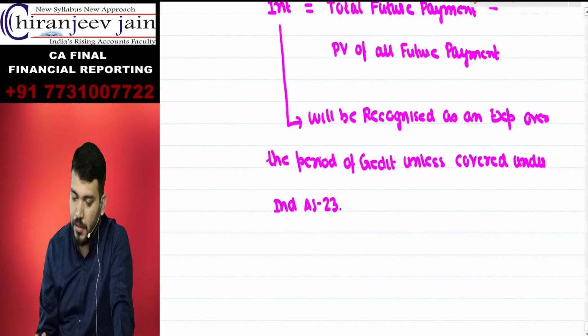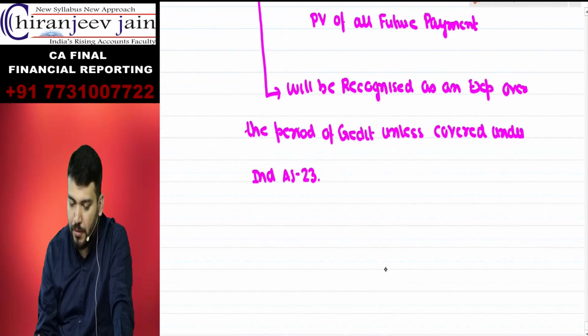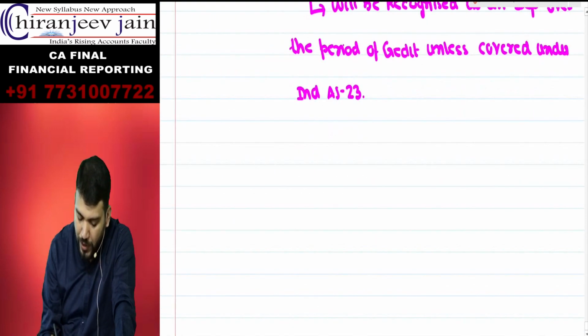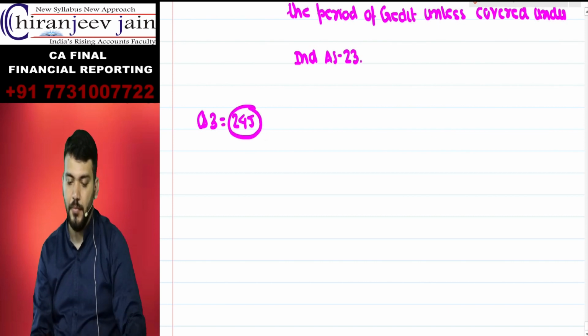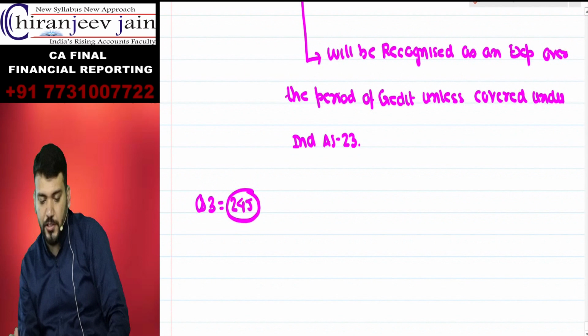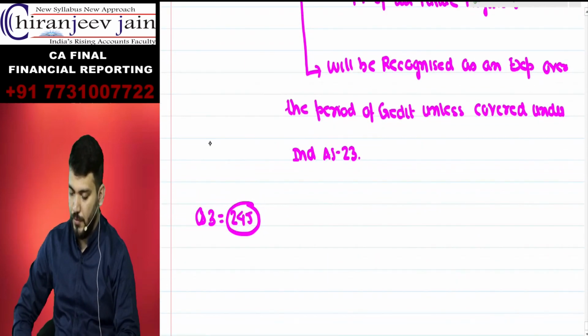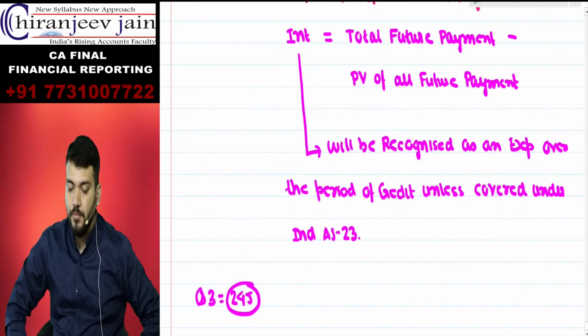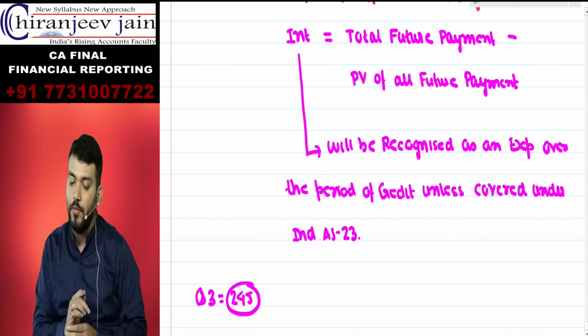Come to question number 3, page number 245. X Limited purchased a land worth rupees 1 crore. It has an option either to pay the full amount at time of purchase or pay for it over 2 years for a total cost of 1 crore 20 lakh.